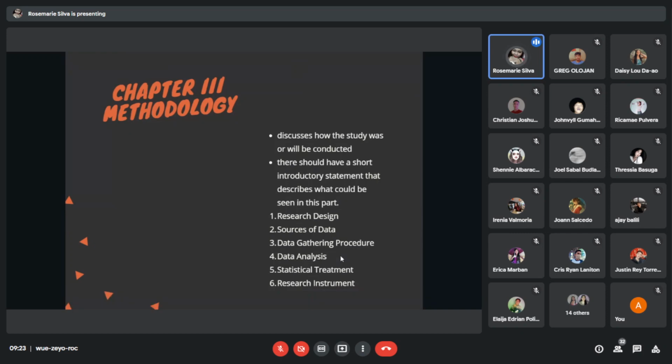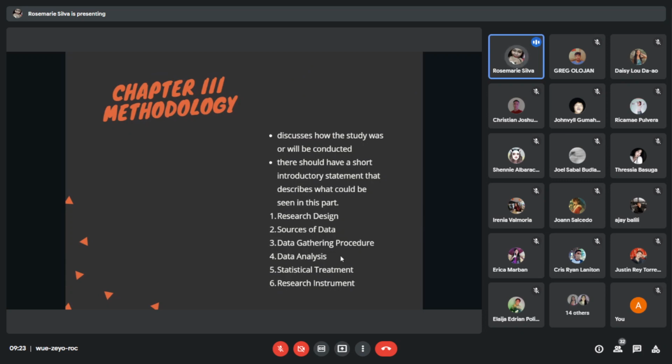Now, next is the research instrument. That's the last one. What is your research instrument? Is it researcher-made, or is it a research instrument that you borrowed from the internet?